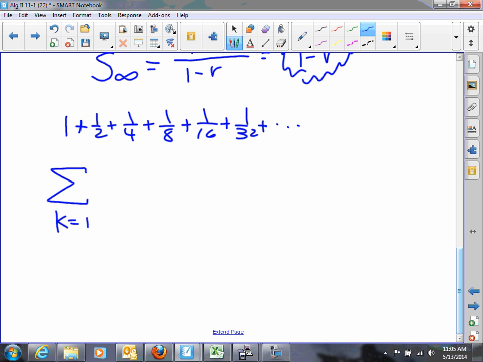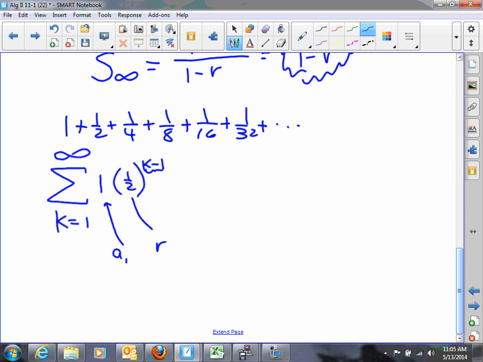Sigma k equals 1 to infinity of 1 times 1/2 to the k minus 1. Okay, notice that this is the first term when we use k minus 1 for the exponent, because anything to the 0 is 1, and so that would be not multiplying by r, and this is going to be a sub 1, this is going to be r, and that will give you the sigma notation for it.